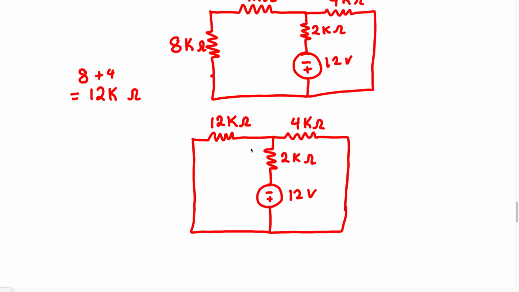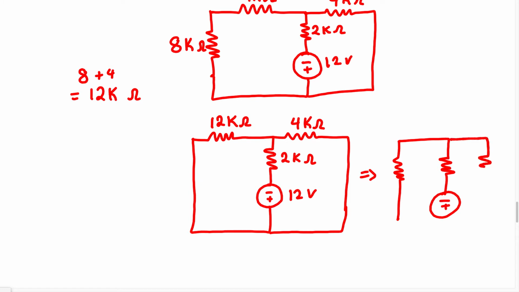Because all three of these branches are actually going to be in parallel, we can redraw this, because this circuit is the same thing as this circuit. Do you see that? They're the exact same thing.